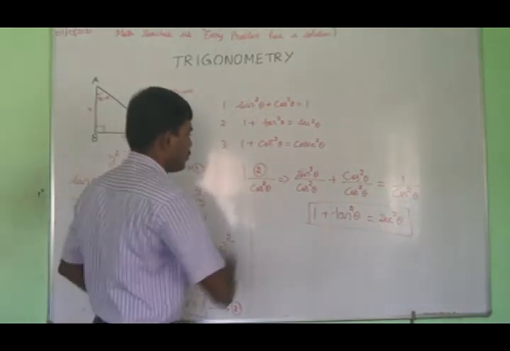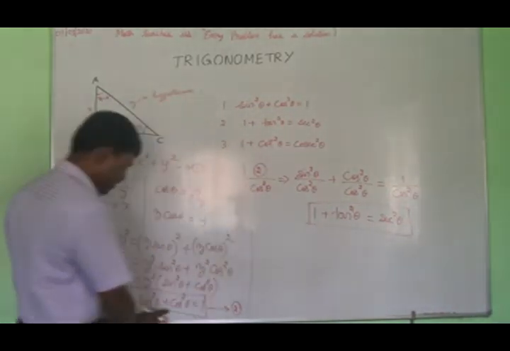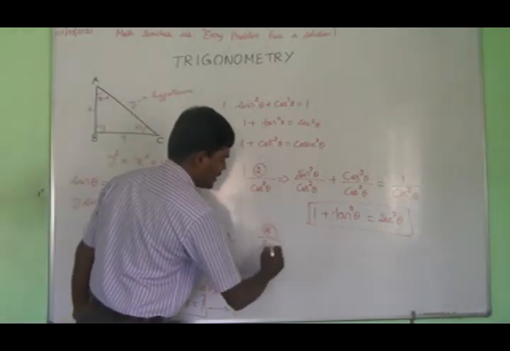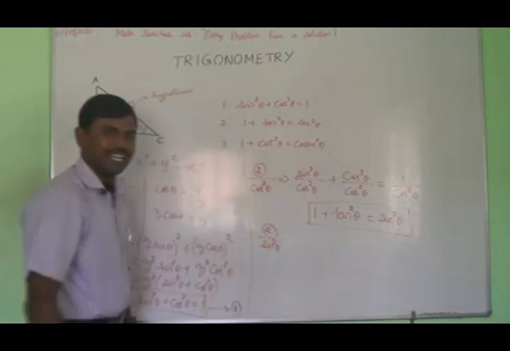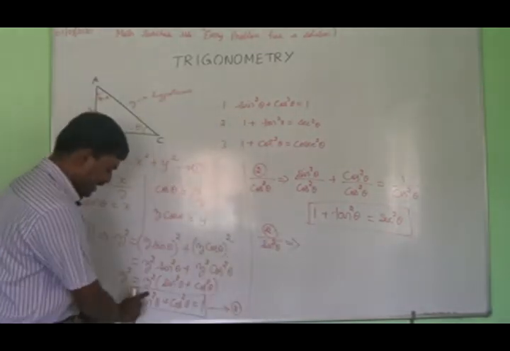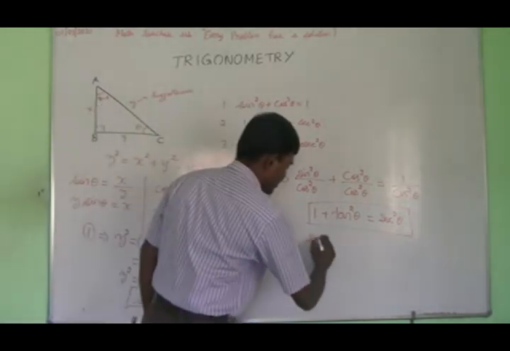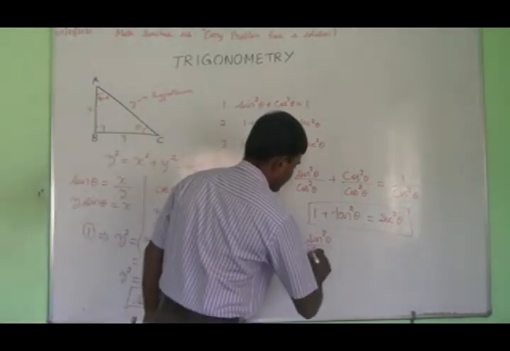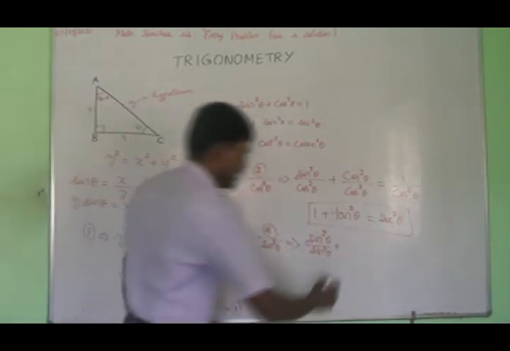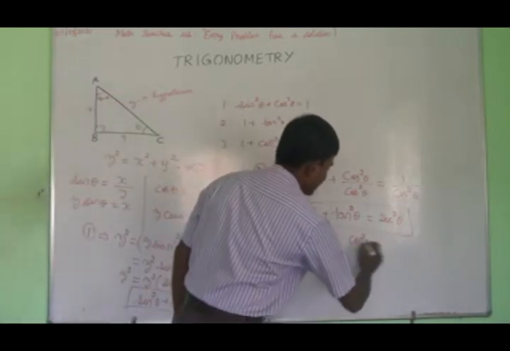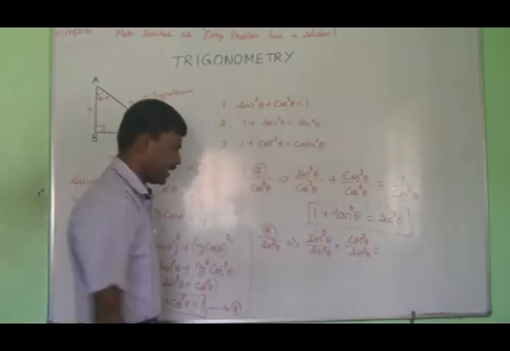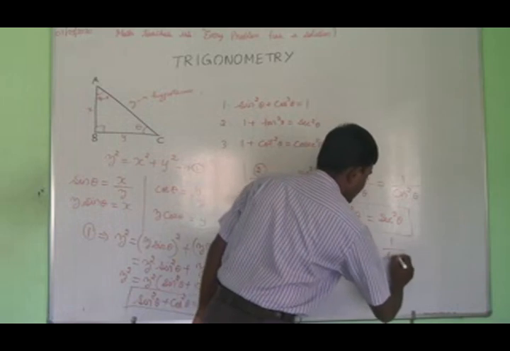Similarly, if you divide the second equation by sin square theta, you will get the third identity. Just listen. Sin square theta by sin square theta plus cos square theta by sin square theta is equal to 1 by sin squared theta.